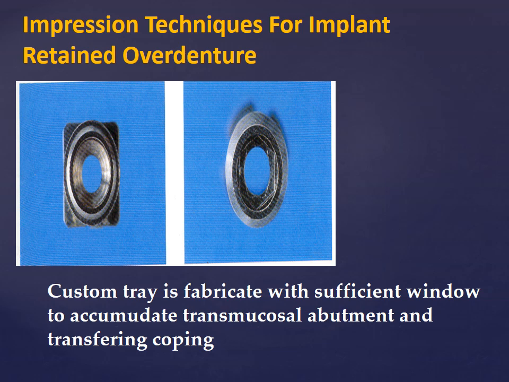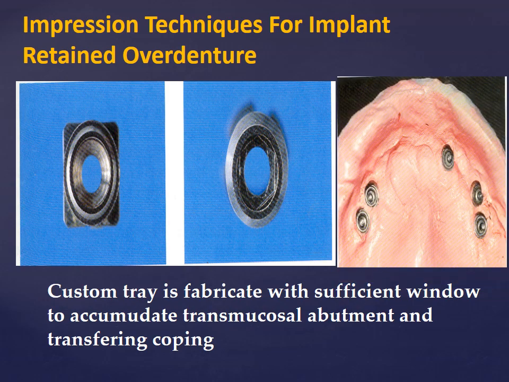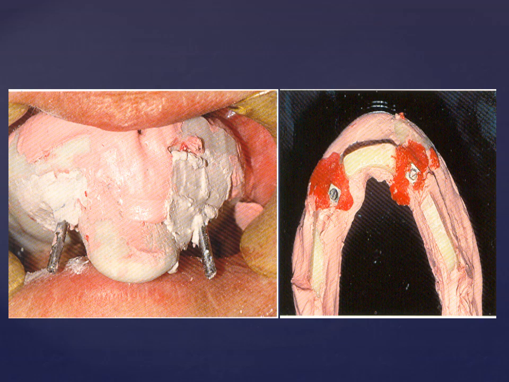When taking an impression for implant retained overdentures, we can use a custom tray fabricated with sufficient window to accommodate the transmucosal abutment and transfer coping.